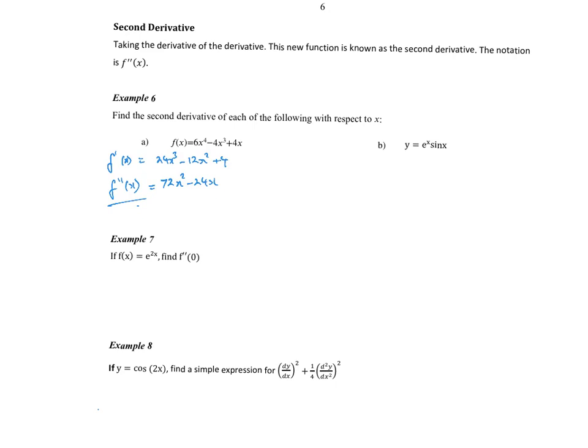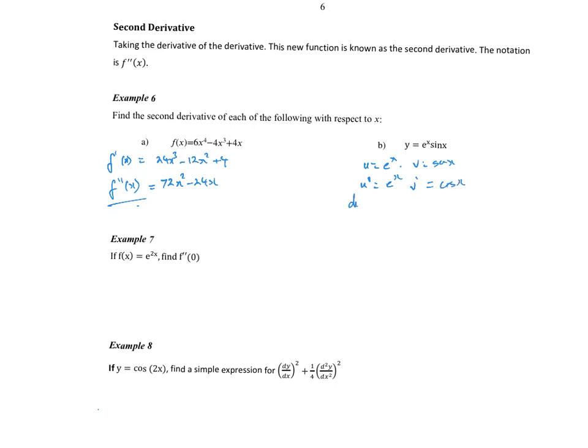Okay. Something like b, we've got a product rule, two distinct functions, two distinct x's. So if we put u equal e to the x, v equals sine x, u dashed is equal to e to the x, v dash, the derivative of sine, is cos x.